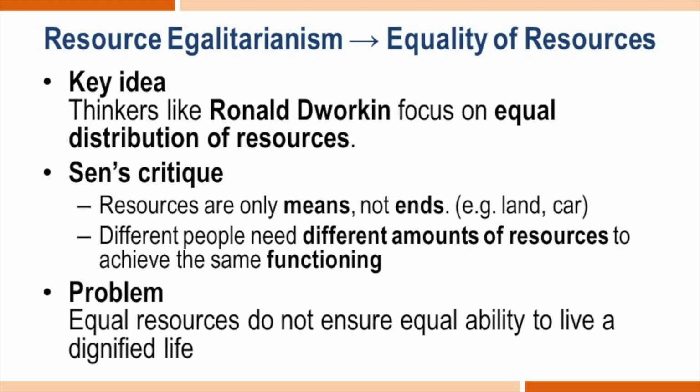So different persons need different amounts of resources to do different functioning. There is a difference in the functioning also, and it leads to the problem that equal resources do not ensure an equal ability to live a dignified life.